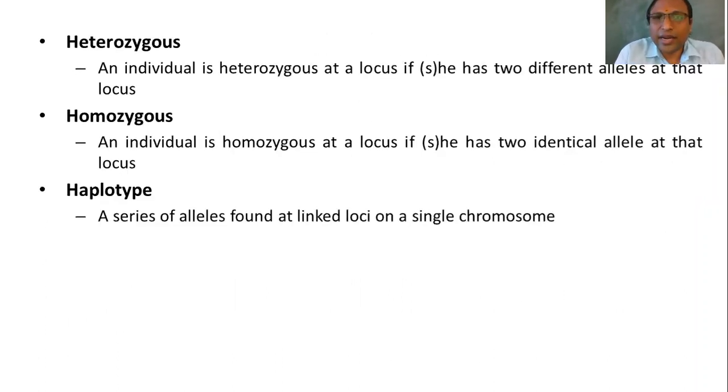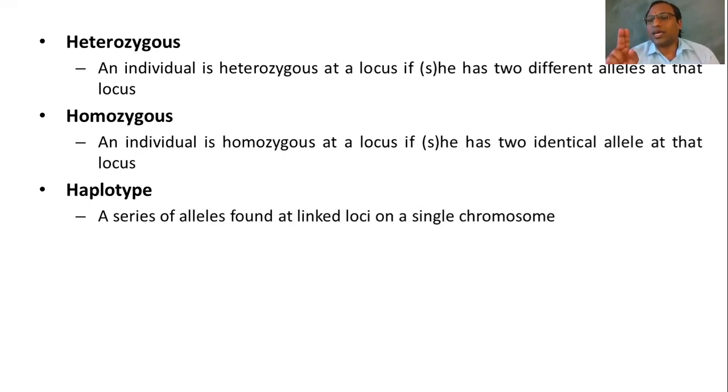What is meant by heterozygous? An individual is heterozygous at a locus if he or she has two different alleles at that locus. That means if one is coming from the mother and one from the father, then it is heterozygous. If it is the same, that is, from the father only, then it is homozygous.